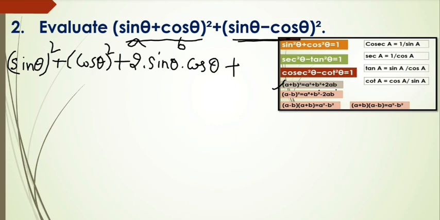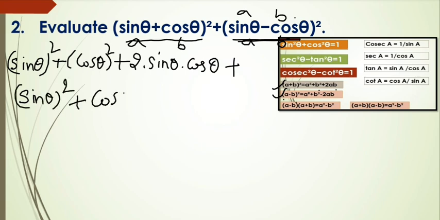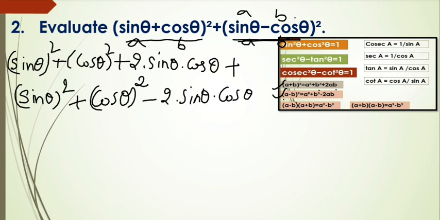Here it is in the form of a minus b whole square. This is a, this is b, and we get sin theta whole square plus cos theta whole square minus 2 into sin theta into cos theta. Observe that plus 2 sin theta cos theta and minus 2 sin theta cos theta are the same with negative sign.